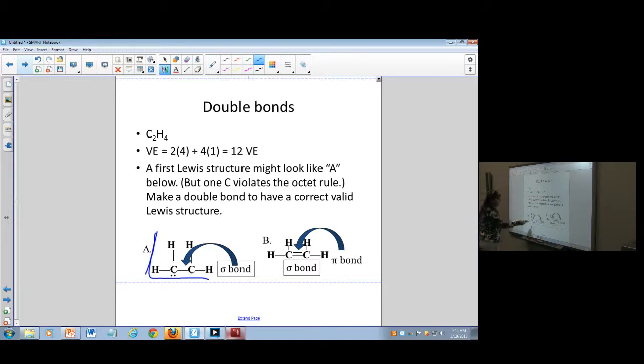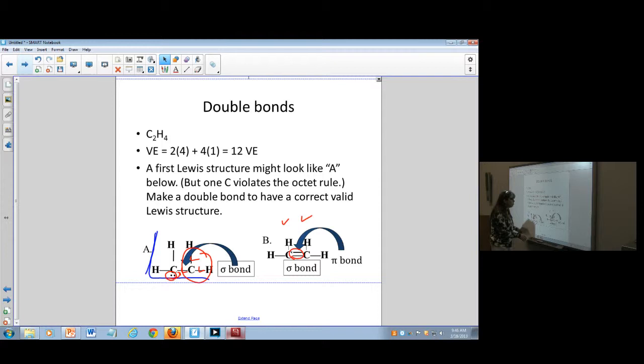But this carbon only has 6 electrons. It has to have 8 to fulfill the octet rule. And so in order to do that, I'm going to move this lone pair up here, and we're going to form this double bond. Now that gives both carbons the octet that they need in order to fulfill the octet rule.